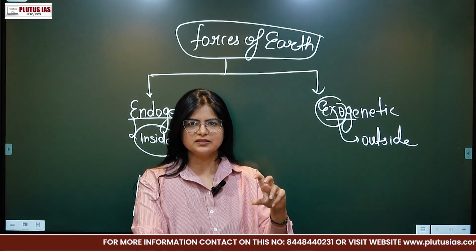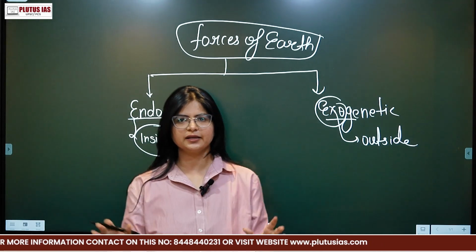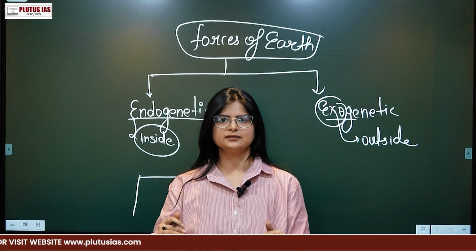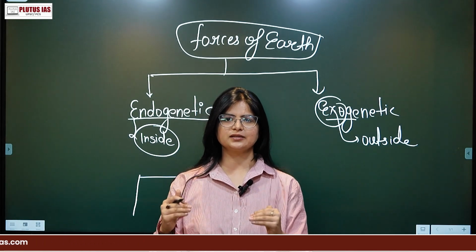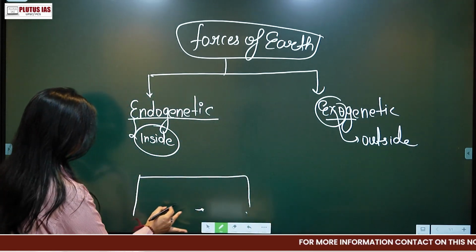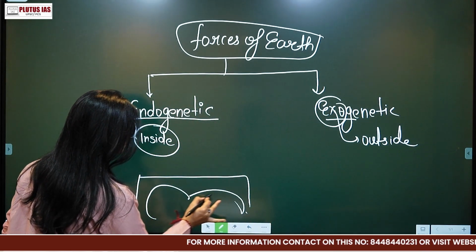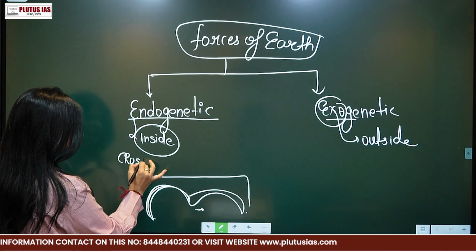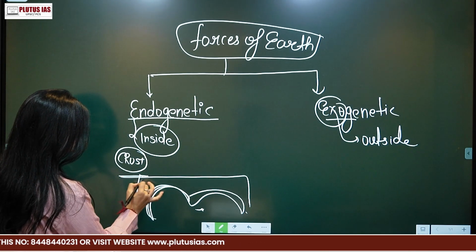Beneath the crust there are a lot of convectional layers. There are radioactive elements inside the earth, and when these radioactive elements get heated up, they rise up. And when they rise up, they create some pressure from inside the earth. If I call this a crust, so inside the earth will be what?